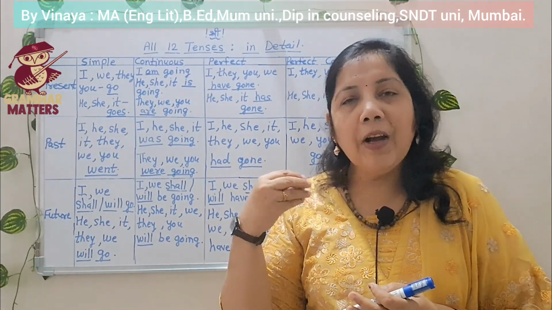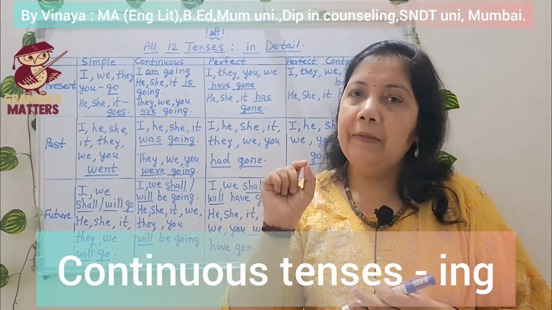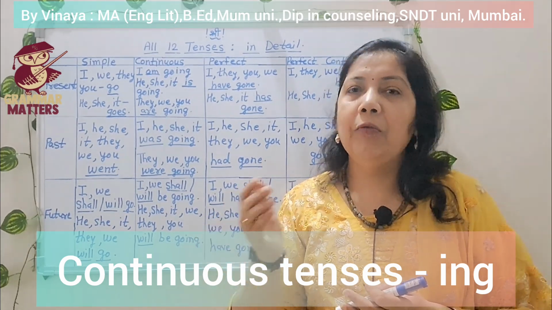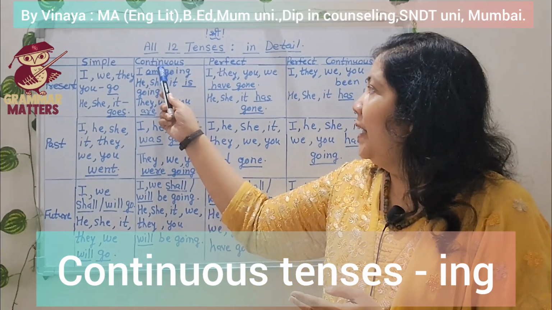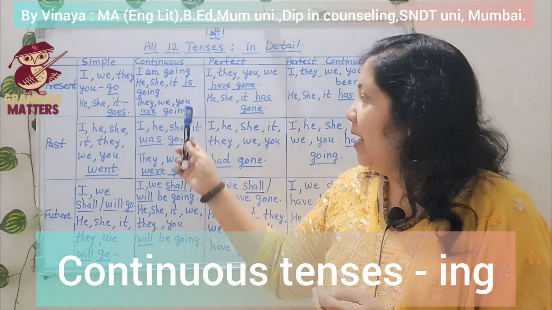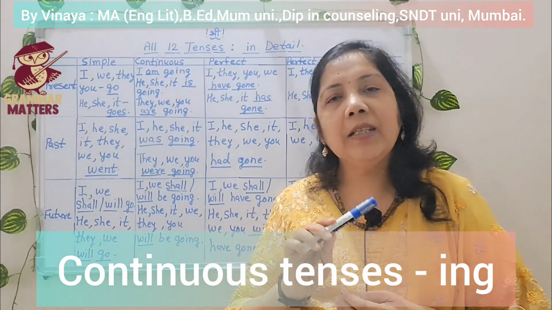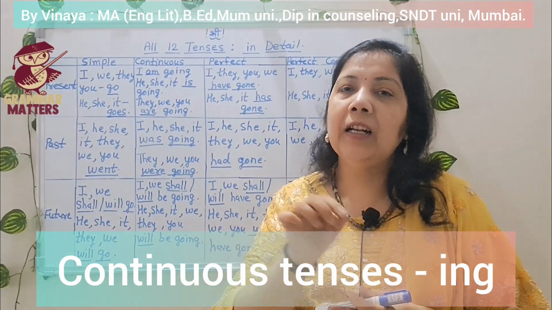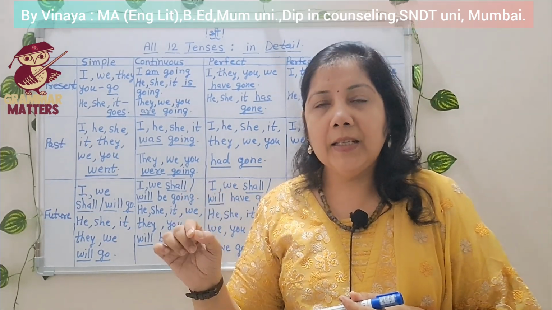That means if you have to identify which tense it is, when ing is there, definitely it is continuous. Now which type of continuous, only that you have to decide. For example, here going, ing is there. Ing means the word continuous has to be there in the name of that tense.